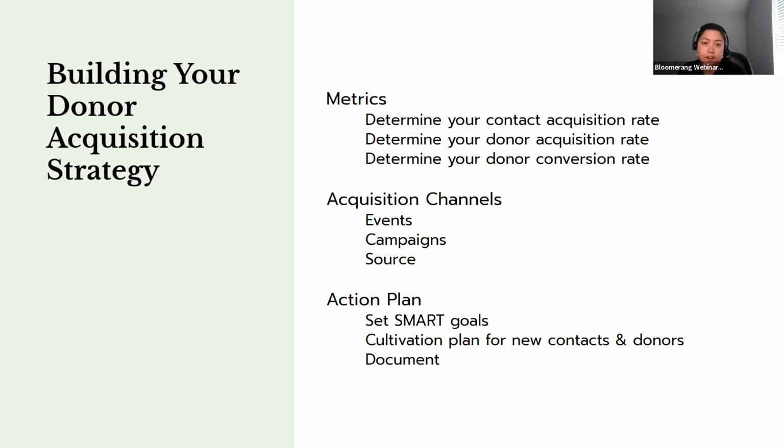If you're going to be focusing on turning those contacts and cultivating those relationships so that they become donors, how many new contacts are you acquiring? Apart from that, determine your donor acquisition rate, and then determine your donor conversion rate. We'll also take a look at some acquisition channels and how to set your action plan.